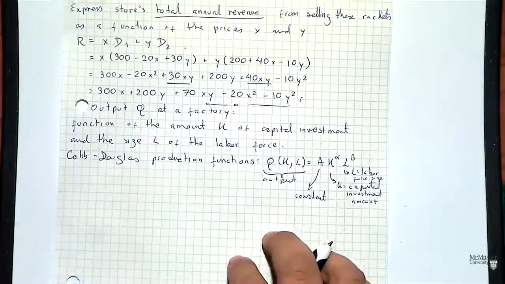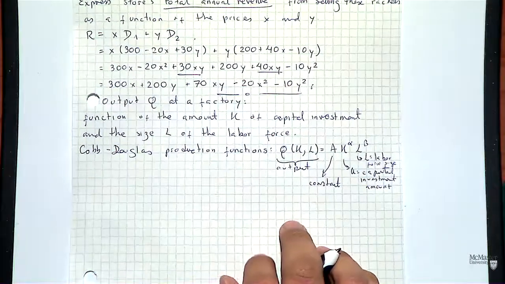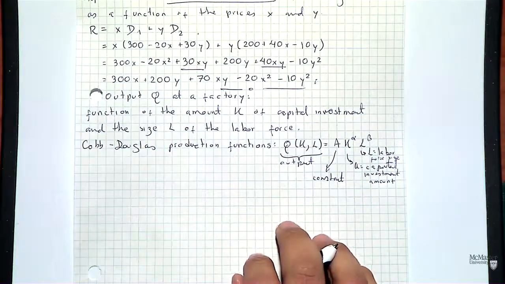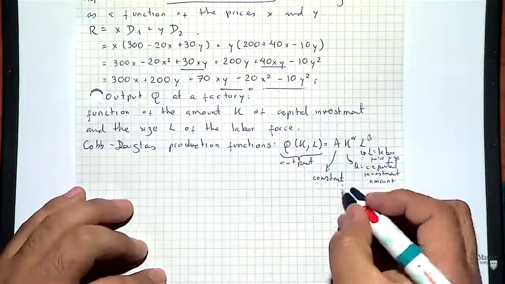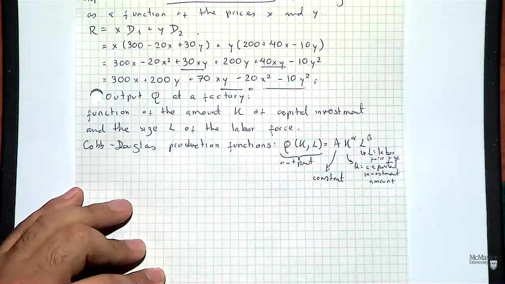So I just want to show how in this model, where functions of several variables are assumed, they interplay. Okay, A is constant, and the alpha and beta powers are constant too, that's fine.